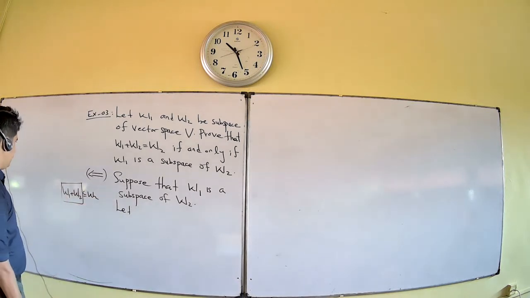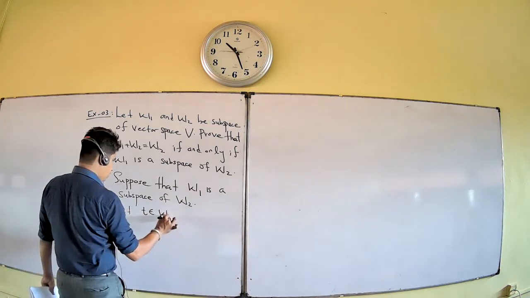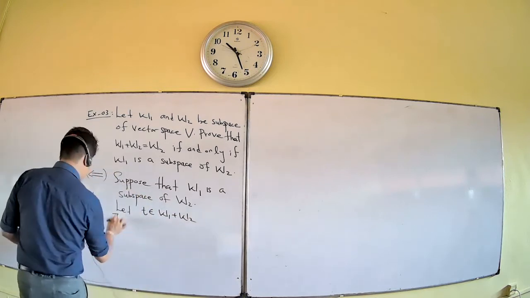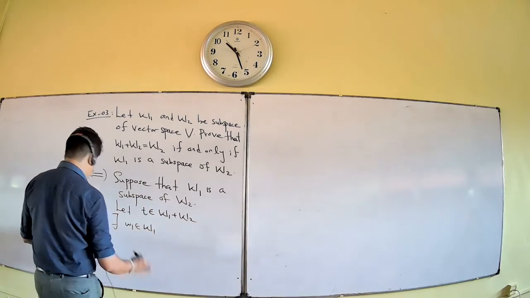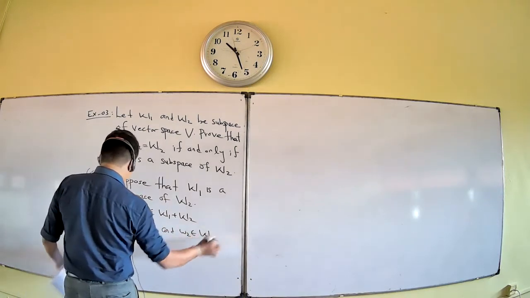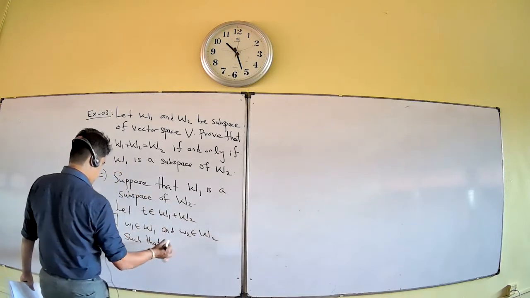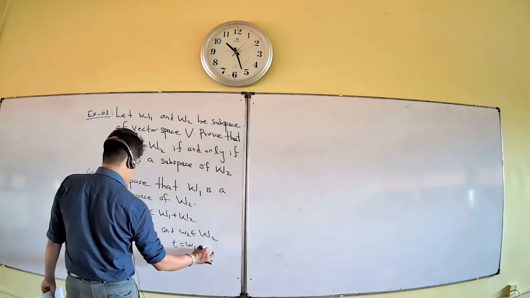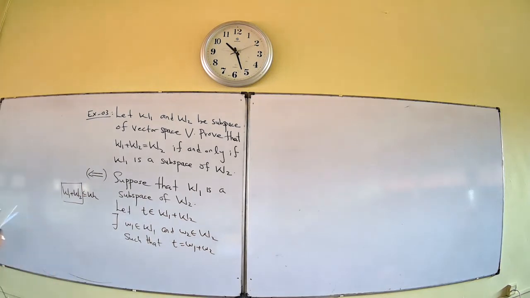Let t belong to W1 plus W2. So there exist small w1 in capital W1 and small w2 in capital W2 such that we can write t equals w1 plus w2.